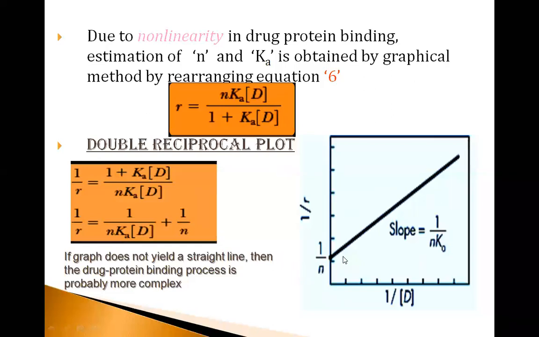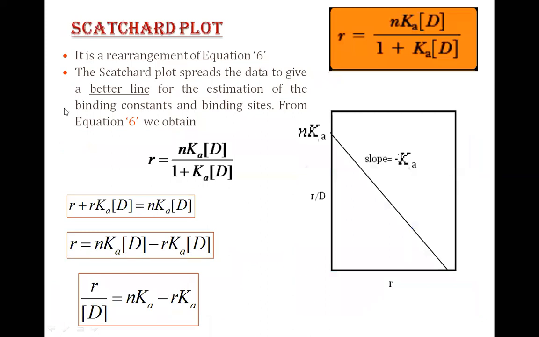So many times we don't get a proper straight line when we try to draw. Too many crowded points on one side of the line. So we want well scattered points, beautifully scattered throughout the line. So that's why we go to the next in vitro approach called the scattered plot.